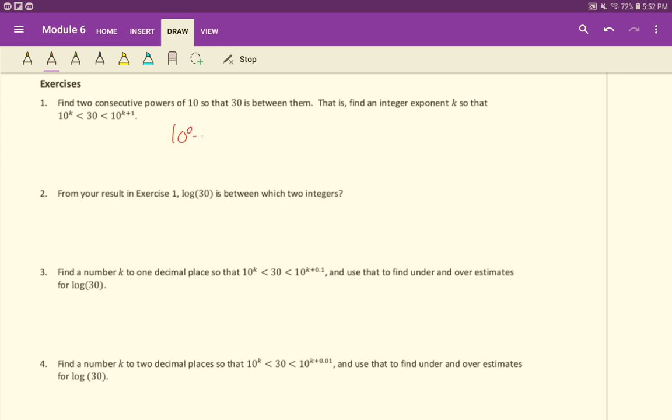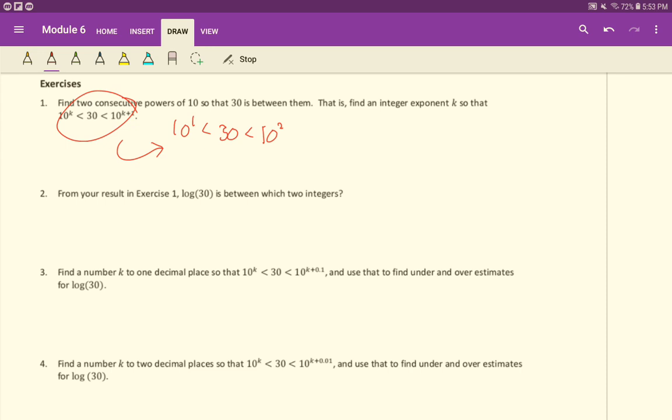Well, 10 to the 0 is 1, 10 to the 1 is 10, 10 to the 2 is 100, 10 to the 3 is 1,000, and so on. Where would 30 be? 30 would be between these two. So 10 to the 1 is less than 30, which is less than 10 to the 2.